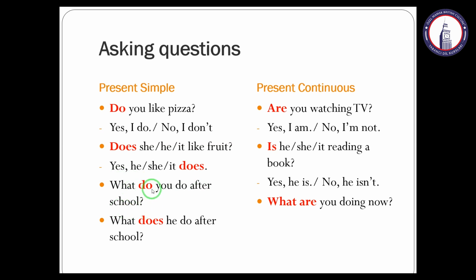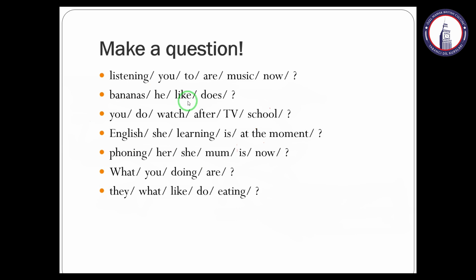Do you do after school? This is a yes/no question. This is a normal question. We added do to the first of the sentence for a normal question. For a WH question, then we add another word like what to the first of the yes/no question. That's it.